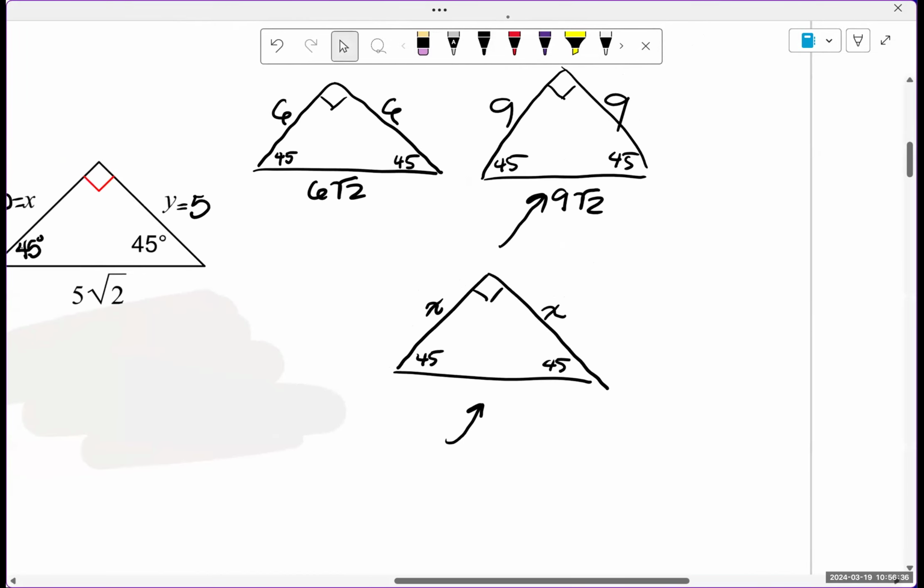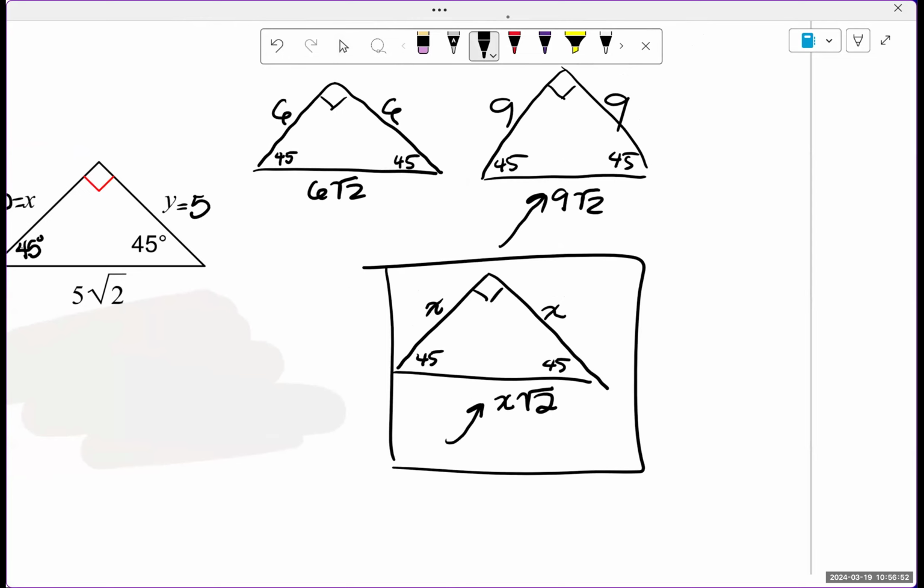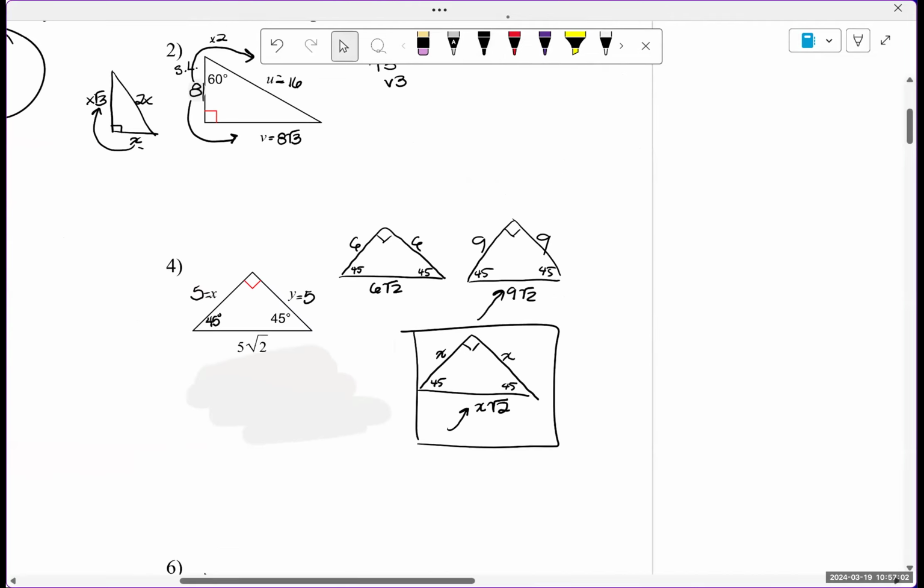Notice if angles are congruent, triangles are similar, sides are in proportion. This side is X rad 2. So this is like our parent triangle.